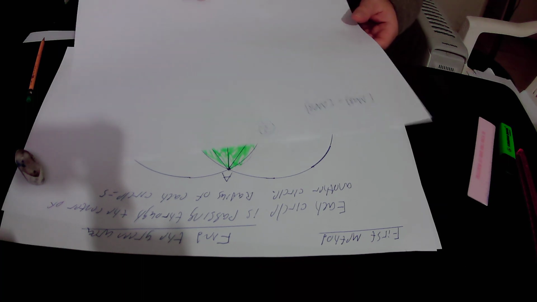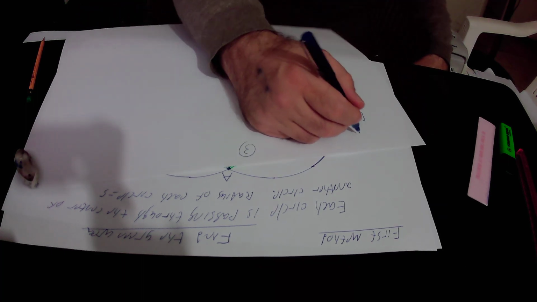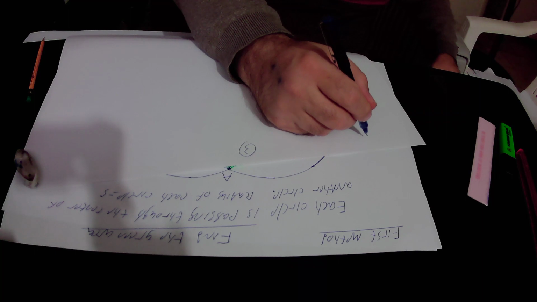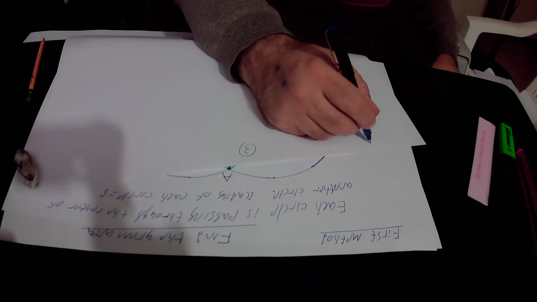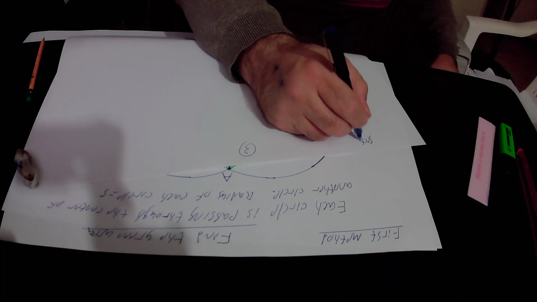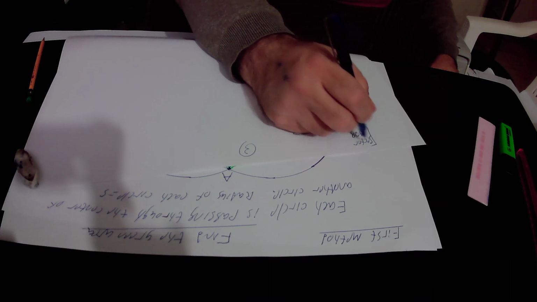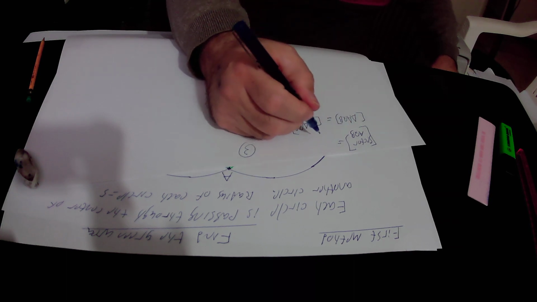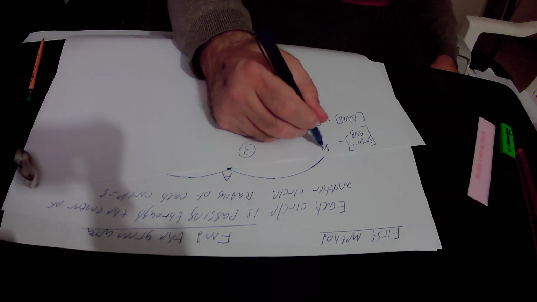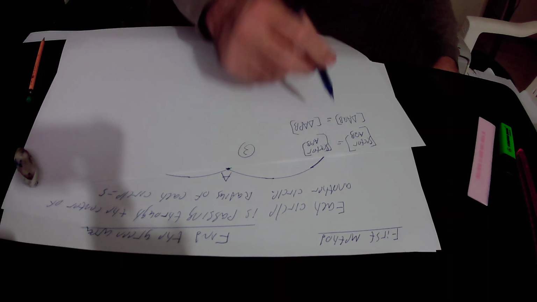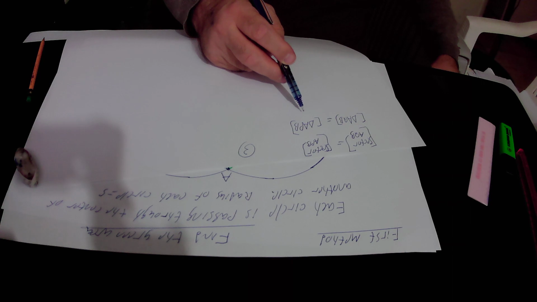So in conclusion, we found out that the area of sector AQB equals the area of sector APB, and the area of triangle AQB equals the area of triangle APB.